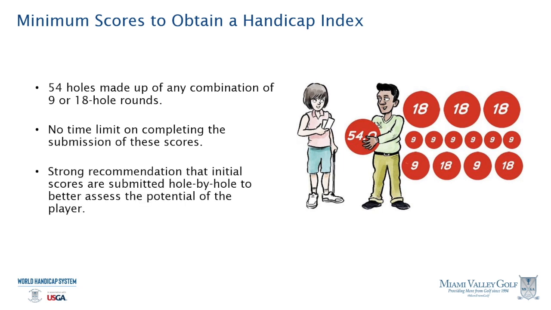And you're going to see this throughout. They're really pushing for better data integrity, so systems are going to default to hole-by-hole entry on the kiosk, on the app. You can certainly bypass it by just hitting an extra button, but realize that we're in the world of data and data integrity and knowledge, and where we can go with the hole-by-hole data probably will be better for us long-term.